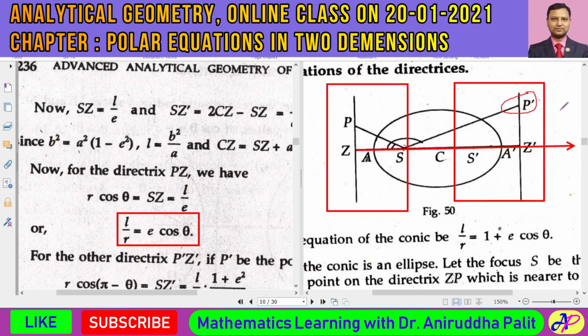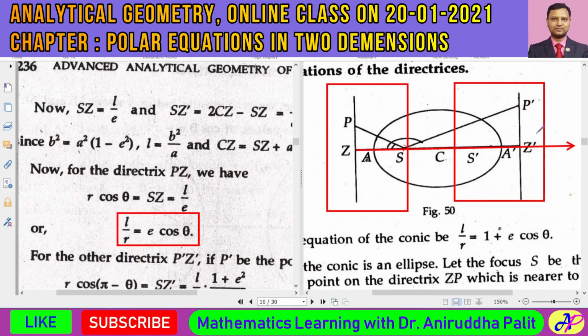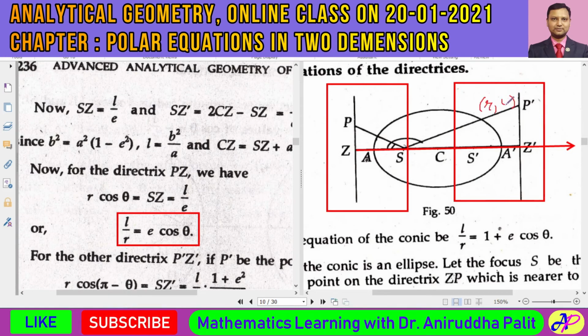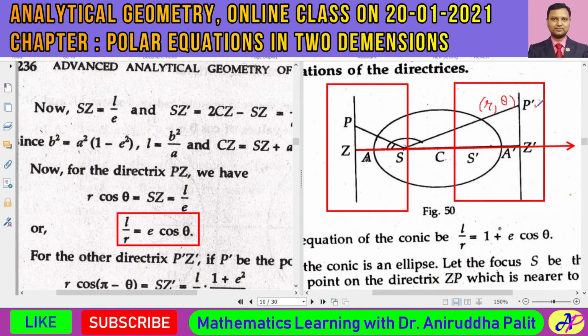Got it? And now, as we are interested in the equation of this second directrix, the coordinate of the point P prime has to be taken as R and theta. Got it? This arbitrary point has to be taken as R and theta. Then what would be the distance R?